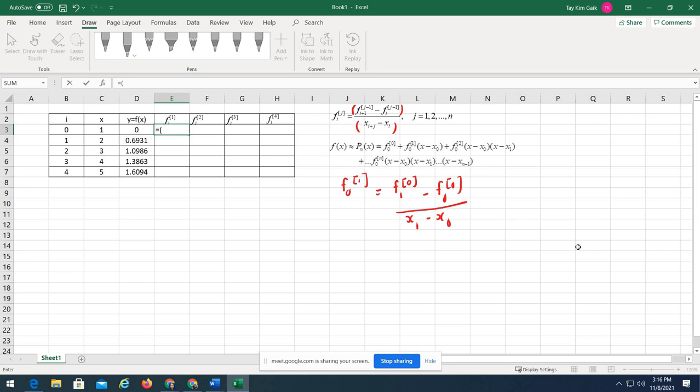Make sure you key in the first value correctly. F10 is this value, so minus, click on F00, close the bracket. The denominator also needs a bracket: x1 minus x0.